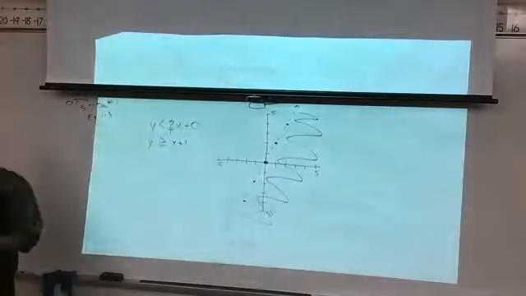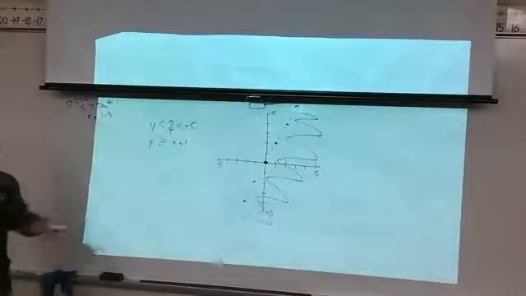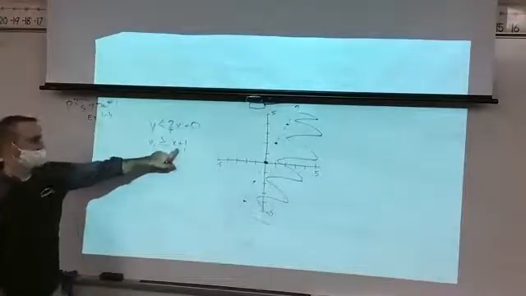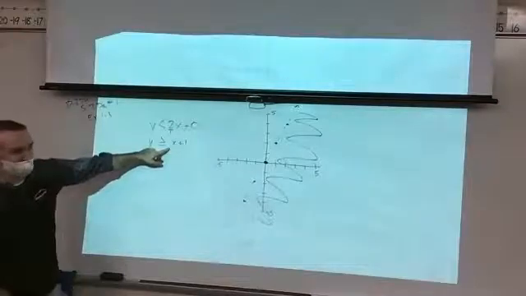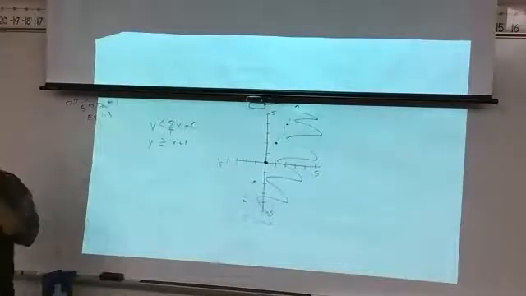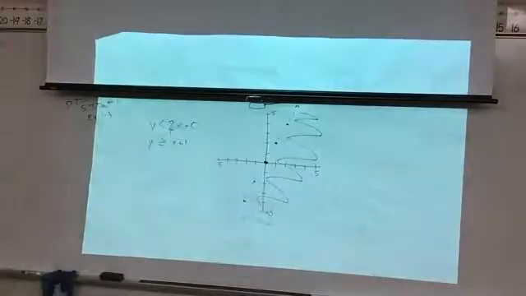Now if you're using a pen, you better be careful and make sure that you're doing it right the first time, right? You got your intercept at 1. Your slope is 1 over 1, so up 1 over 1. Okay, go ahead and graph that bottom one. If you don't have another color, that's fine. Just use the same pencil, it's fine. Not a problem at all. Just sometimes it's easier to visualize if you do.